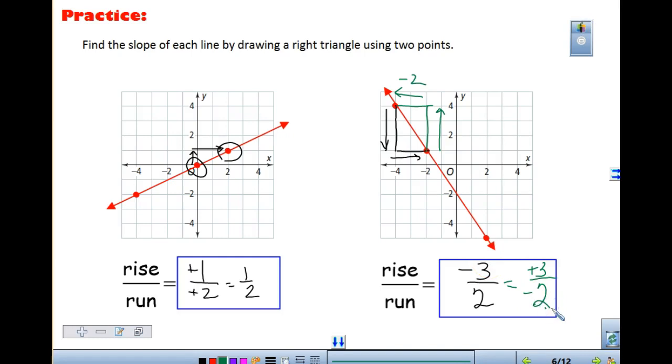Are those the same now? Or sometimes they might put the negative out in front, right? All of these are the same, right? If I put them in my calculator, every single one of them is going to give me a negative 1.5. So it doesn't matter if your negative is in the numerator, in the denominator, or out in front, okay?